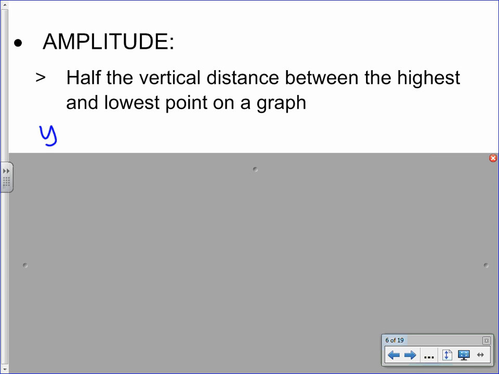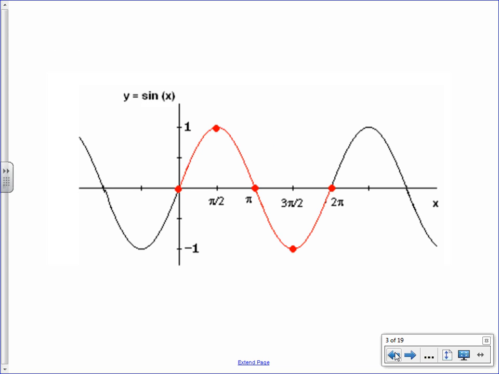The graphs y equals sine of x and y equals cosine of x have the same amplitude. The parent functions have the same amplitude. So I'm going to go back a couple slides and look at the graphs of each of these. Here's the graph of sine. Our highest point is at a height of 1.